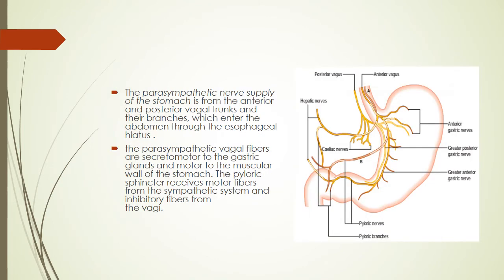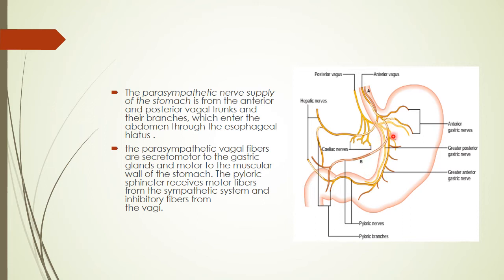While the parasympathetic nerve supply of the stomach is from the anterior and posterior vagal trunks and their branches, which enter the abdomen through the esophageal hiatus. The parasympathetic vagal fibers give various branches to the stomach, like anterior gastric nerves, posterior gastric nerves, then pyloric nerves, the pyloric branches, and celiac nerves.